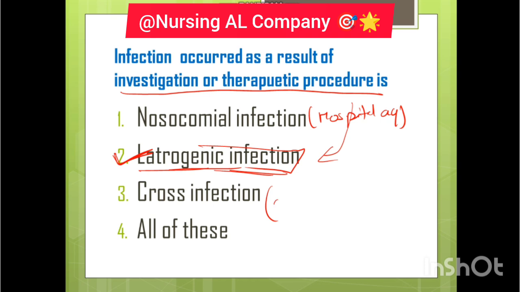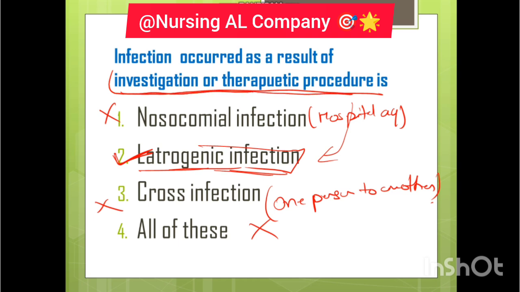So these will not be the answer. Some might think it could be a nosocomial infection, but no, it is an iatrogenic infection itself. Okay, fine. Hope you have understood all the questions.